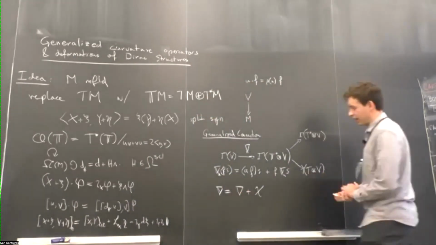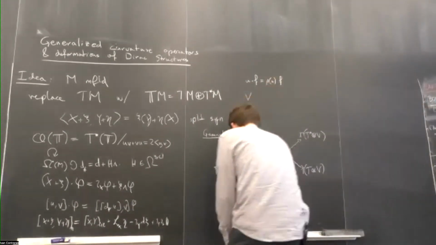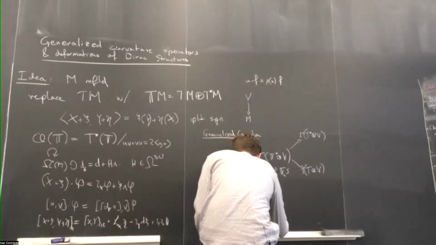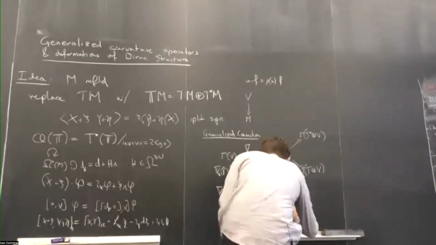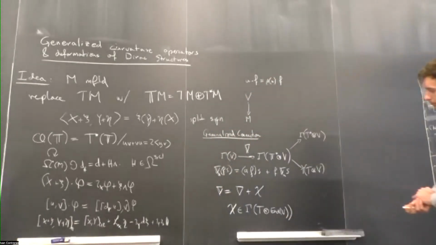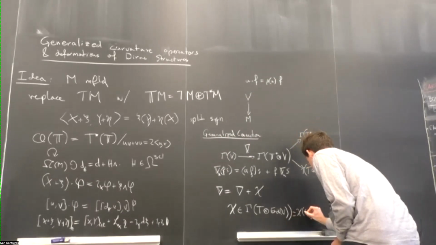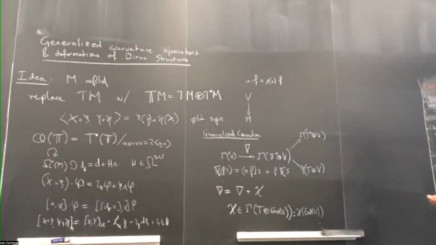One being an actual connection on V, and then you have this chi, and chi is a section of T tensored with the endomorphisms of V. So we think of this as a vector field. It's a vector field valued in endomorphisms. Okay, so this is one interpretation of what a generalized connection is.